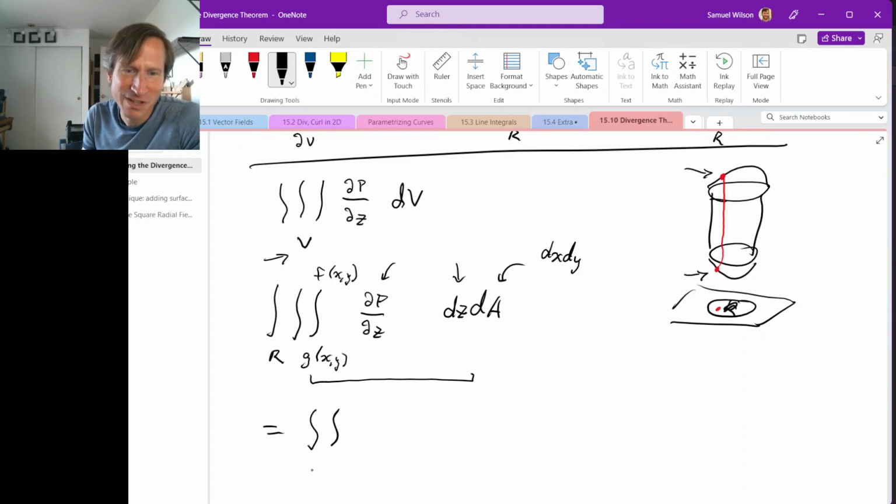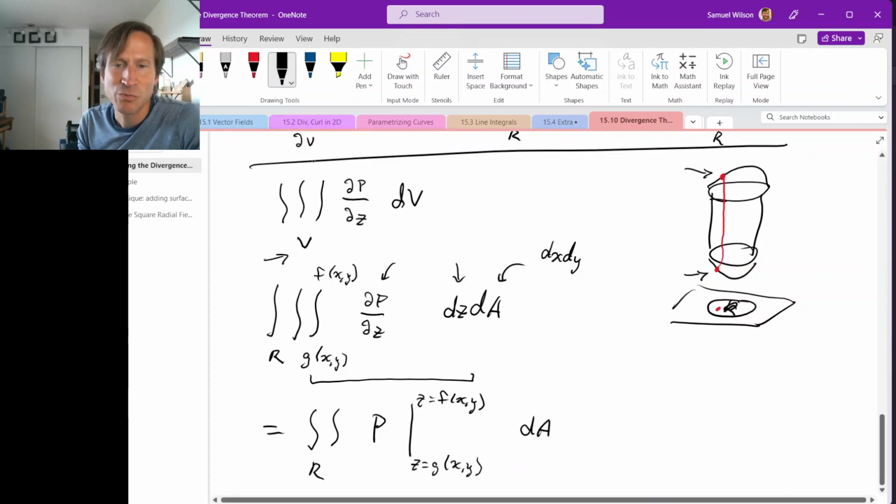So the integral on the outside doesn't change, but for the inside integral, our antiderivative can just be P. We need to evaluate P from the bottom bound, which is z equals g of x, y, up to the top bound, which is z equals f of x comma y.